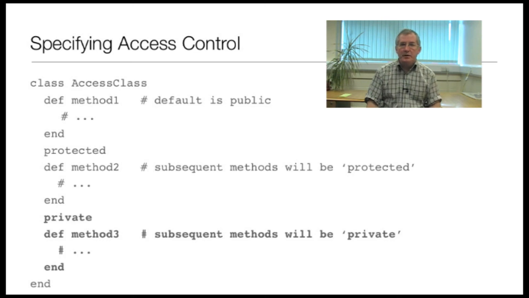We just place the name protected, and then everything that follows will be protected up until we want to change our policy. In this particular case, we've just got one protected method, and then we follow that with a private method. So what we've done is to change the access control to private, and then all the methods declared after that will be private until we either run out of methods or change again. And we can, although you probably wouldn't want to do it as it's a little bit disorganized, change back to public or protected simply by inserting the appropriate keyword.